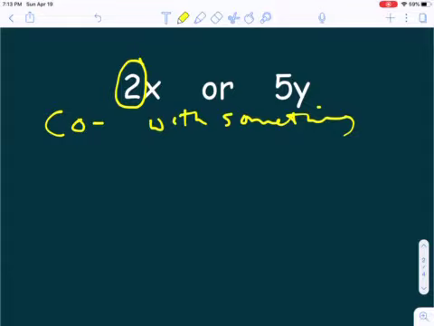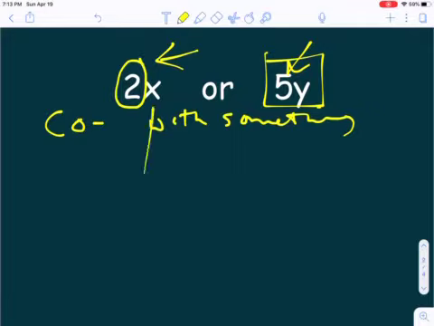So in 2x, your coefficient would be 2. In the term 5y, your coefficient is going to be your 5. And then x would be your variable, same as your y.